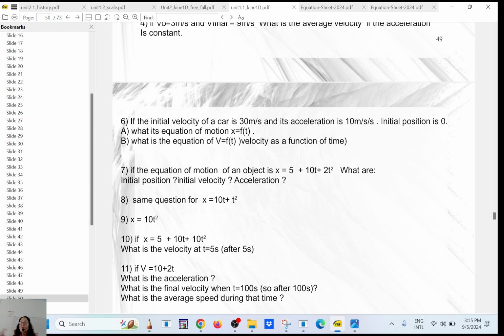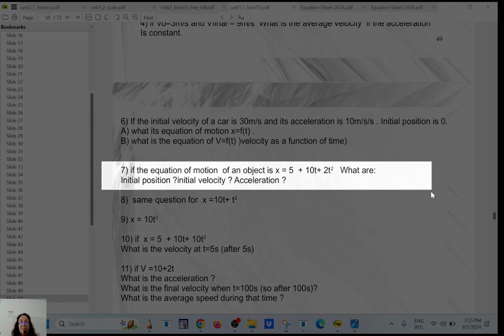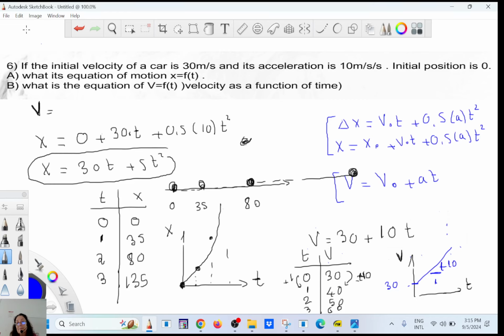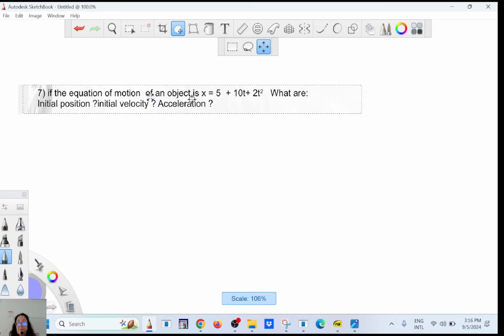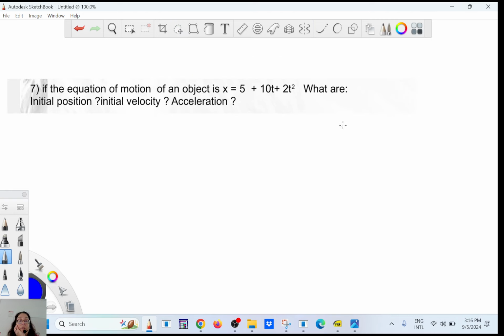Okay, so now why don't you really talk to each other to find what's the number 7? So we have equation delta x equals initial velocity plus 0.5 a t squared. It's good for the MCAT too because we are reviewing math.